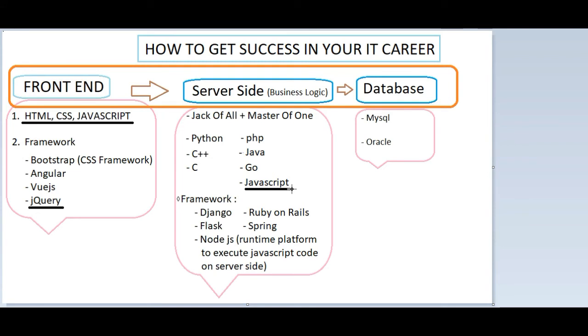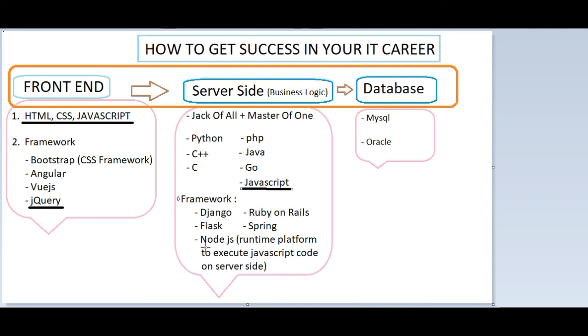So in server side you need to learn the basic languages like Python, C++, C, PHP, Java, Go. And JavaScript I have mentioned here because nowadays development in JavaScript is possible at server side also, which is made possible thanks to Node.js.